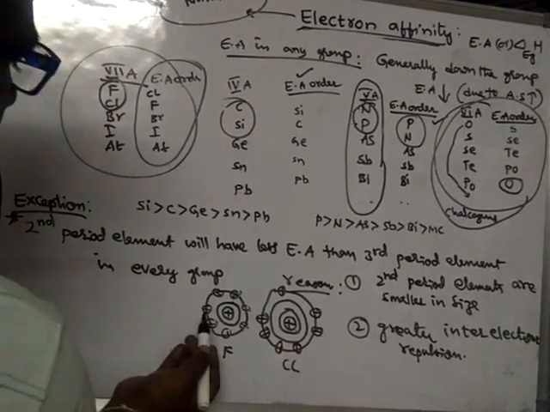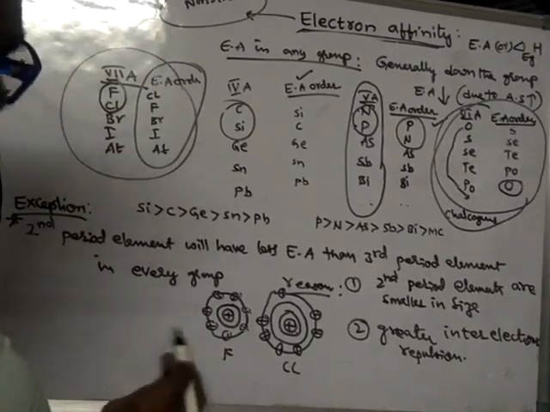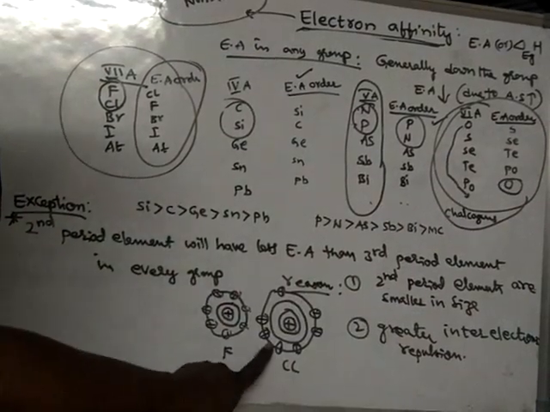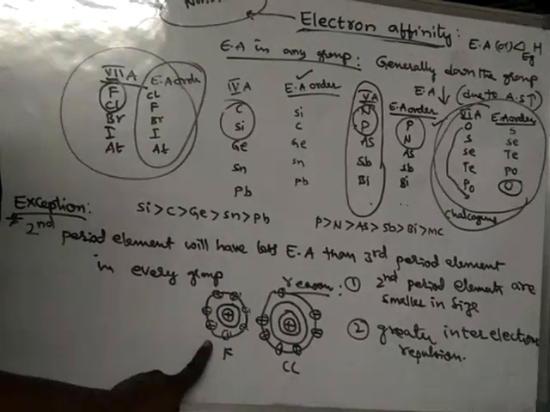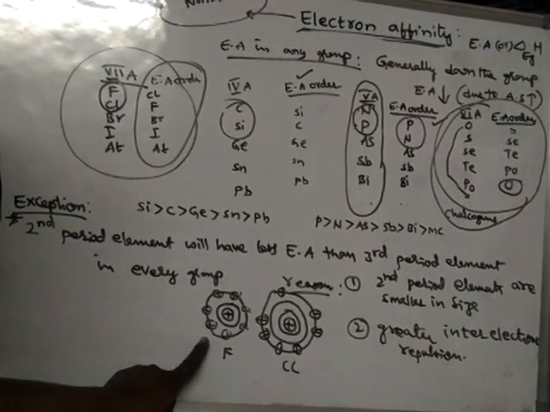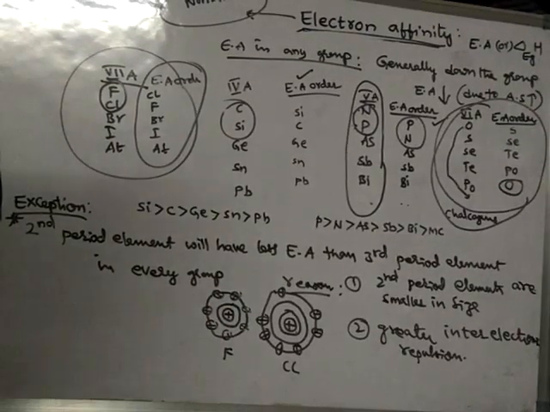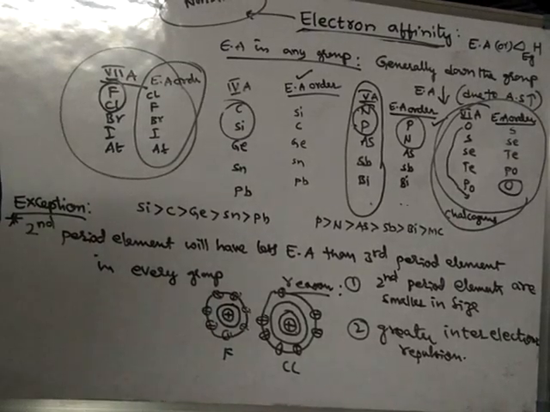But because of limited space in the outermost orbit, since the second orbit is smaller when compared to the third orbit, the 7 electrons present in the second orbit of fluorine suffer for space.